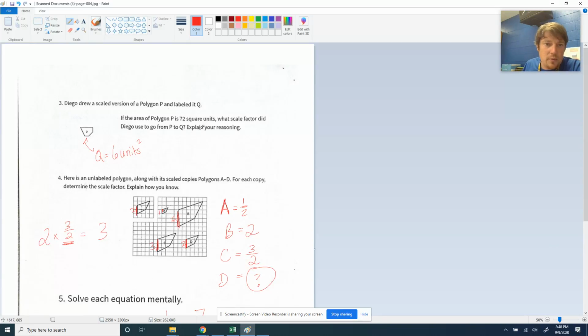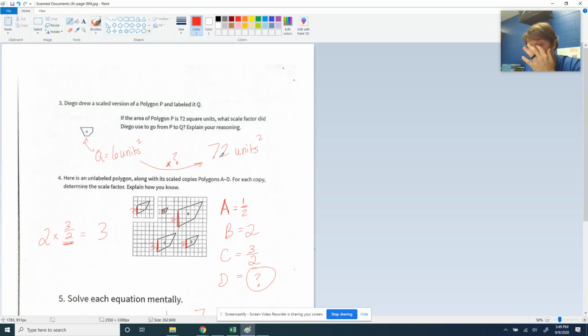So if they scaled it to a larger version and it went to 72 units squared, then you have to ask yourself, what did they multiply 6 by to get 72? Well, 6 times 10 is 60, but 6 times 12 is what gives me 72, right?